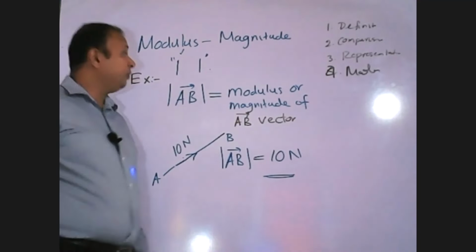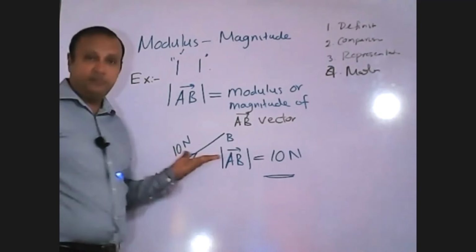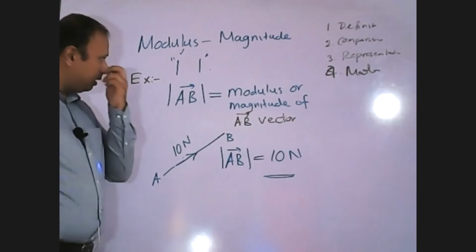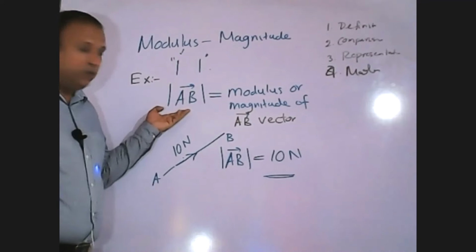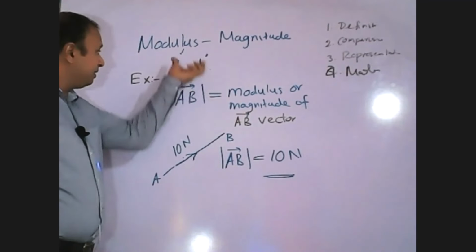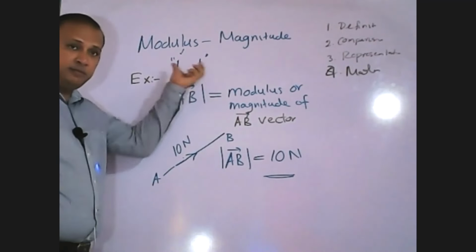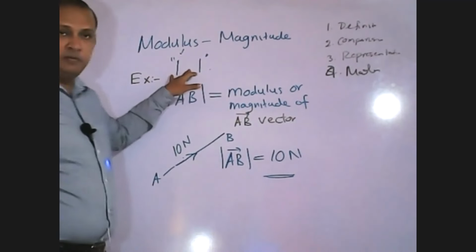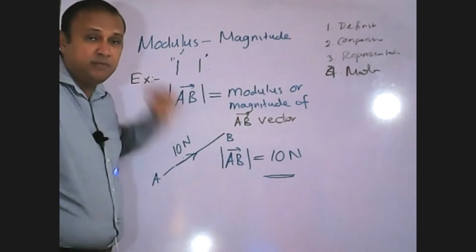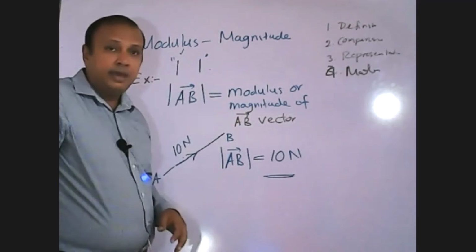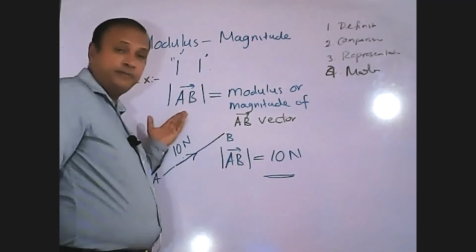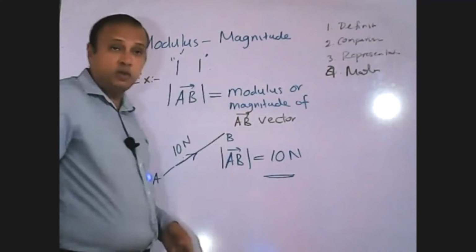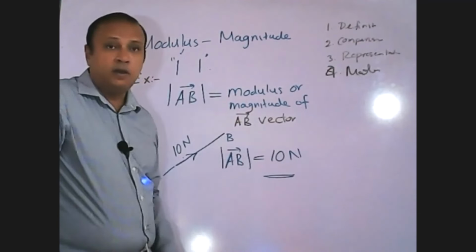We have discussed up to the modulus of a vector, and that the modulus or magnitude of a vector can be represented by this kind of symbol. Actually, this is a universal symbol. It can be used for any quantity, not only vector quantities. We can use that symbol for a scalar quantity also.